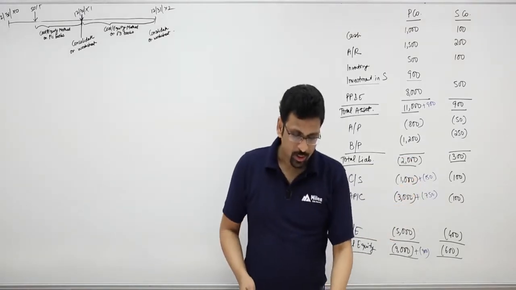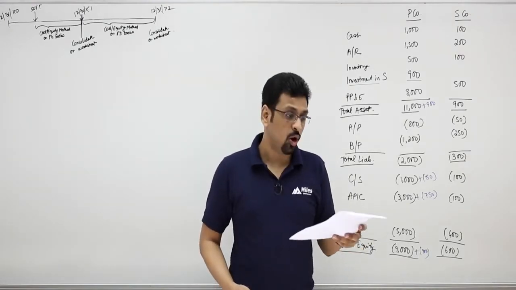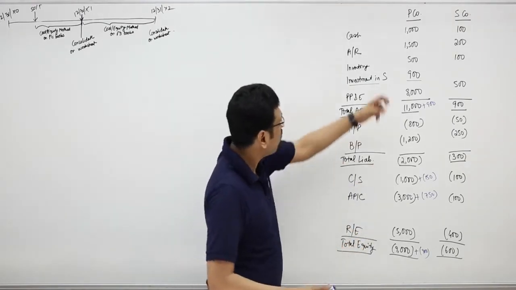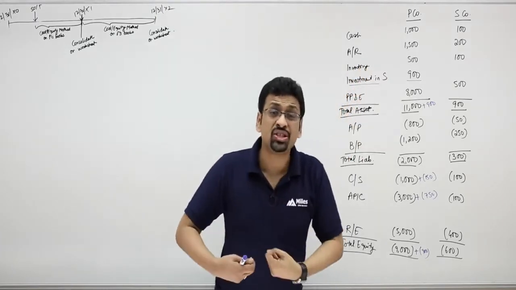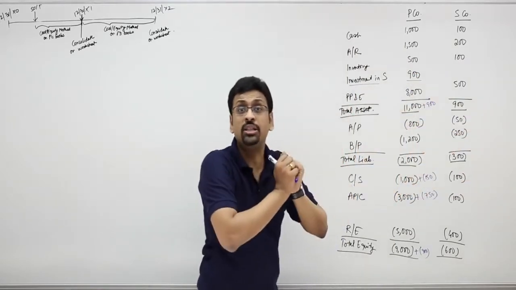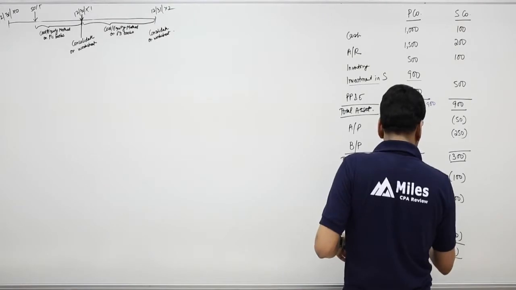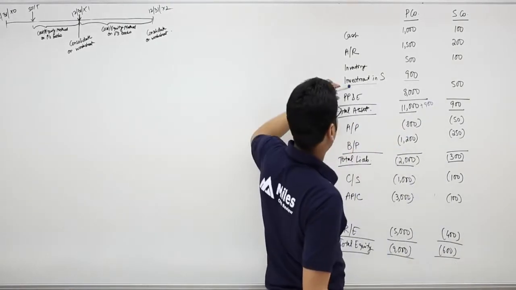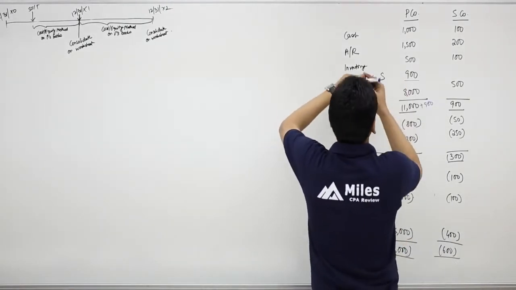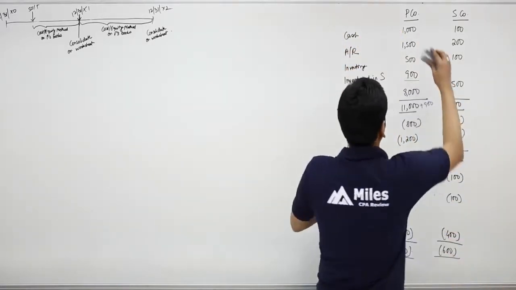Now look at the next one. The parent purchases S for a cash consideration of $900. So the parent has got a lot of cash. They use this cash. They don't issue stock now. They use this cash to acquire all of the subsidiary. So in that case, there's going to be no stock issuance. And they're going to have this investment in S account, and cash is going to go down from $1,000 to $100.